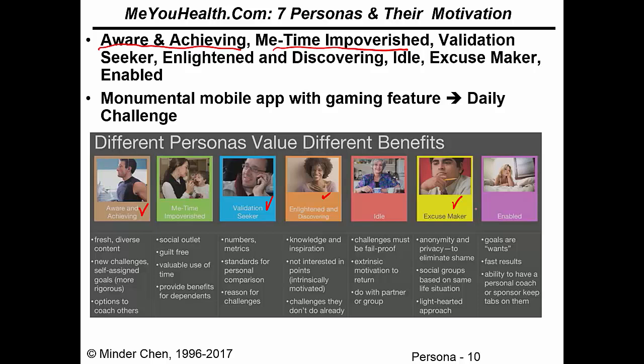And the daily challenge is really, really simple. You can almost get it done in a minute, like get out and walk for 1 minute. They found out that if you make it too complicated, a lot of their personas, like those listed here, will not be able to follow the instruction.